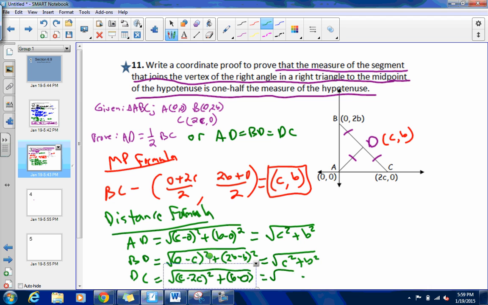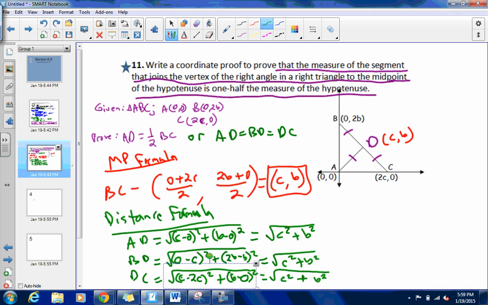That would be equal to, let's see, negative 1C, and you square that would be C squared, plus B minus 0 is B. Oh yeah, we have the square sign up here, so B squared. So if you look at it, those are all congruent.